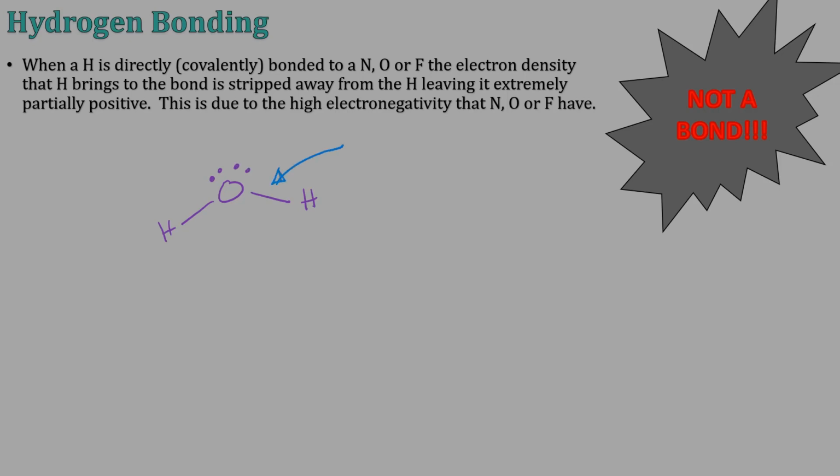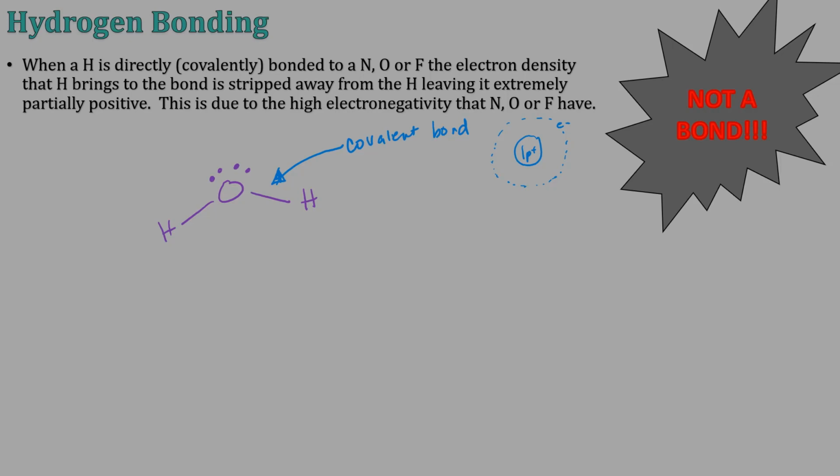So this is a covalent bond, and what that means is these electrons in that bond are being shared between oxygen and hydrogen. So hydrogen is just a proton with one little bitty electron. It brings its only electron to that bond.